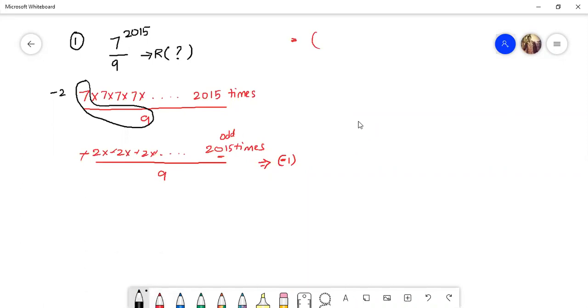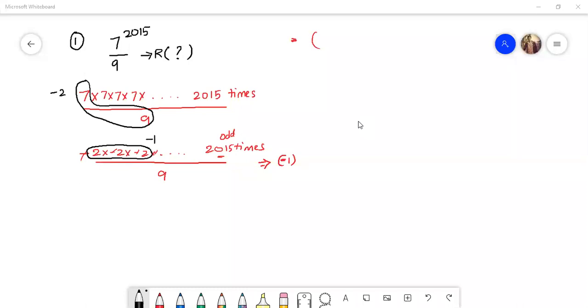Now let us try to group them. 2 by 9 no use, 4 by 9 no use. If you take 8 by 9, again I have minus 1 here. So for every triplet, I have a minus 1 as remainder.